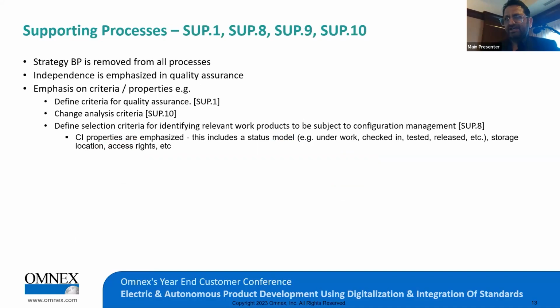Supporting processes: those who are well aware of Automotive SPICE understand that all the supporting processes start with the very first base practice, that is strategy. And that has now been shifted to level 2. Of course, the core remains there.